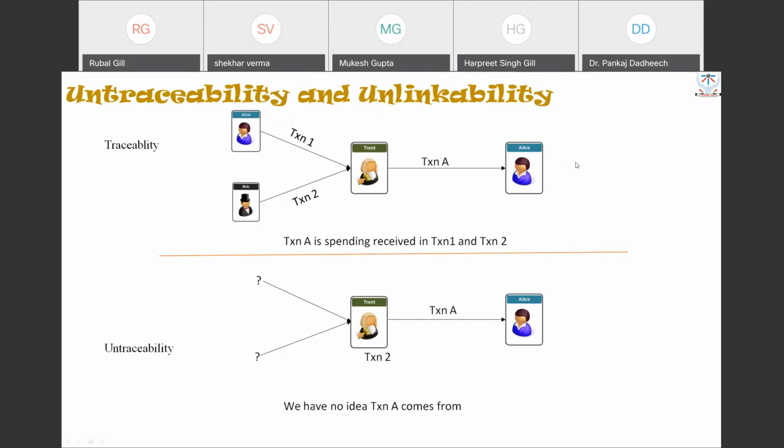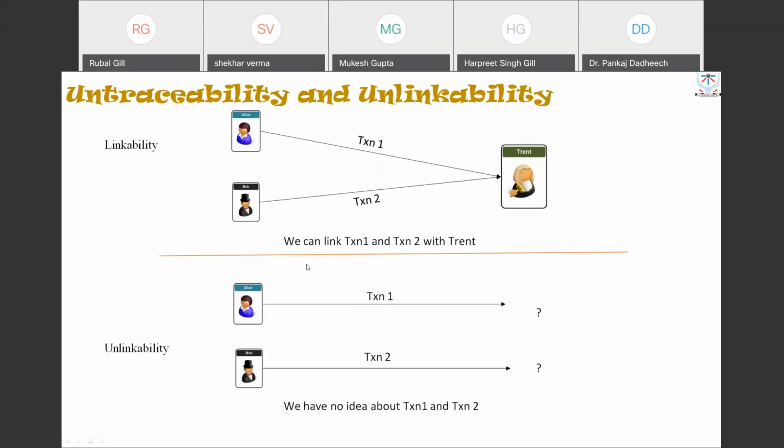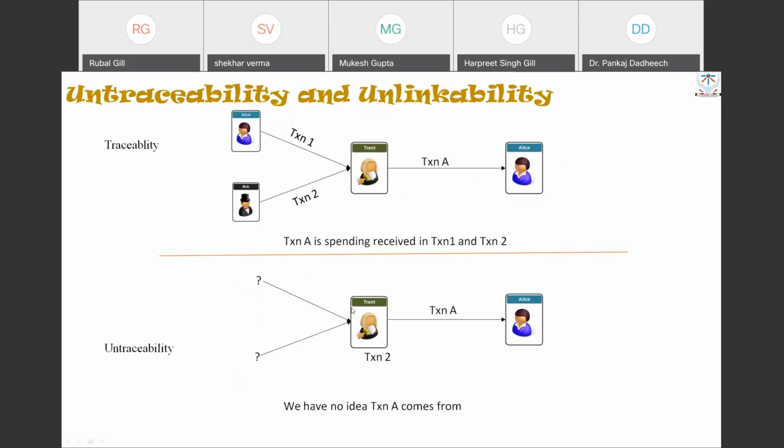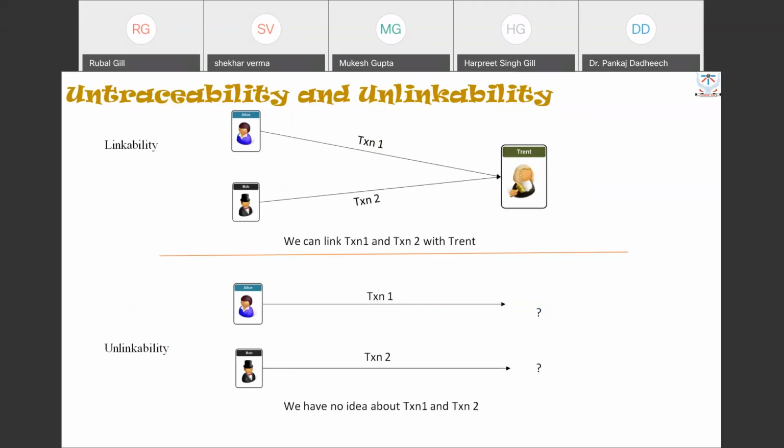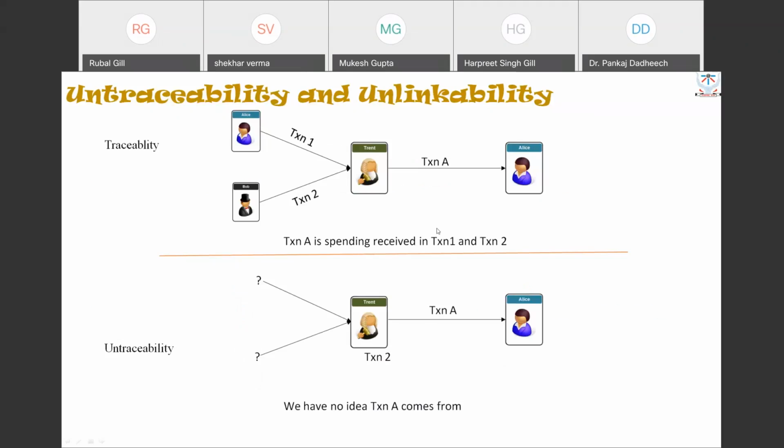So here nobody is able to link, here nobody is able to trace. What is untraceability? The senders are not known. What is unlinkability? The receivers are not known, who is going where. And in untraceability, Alice thinks it is coming from Trent; she does not know who is behind Trent. So this we wish to replicate in the blockchain environment.